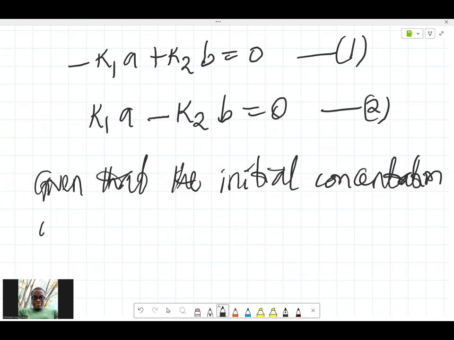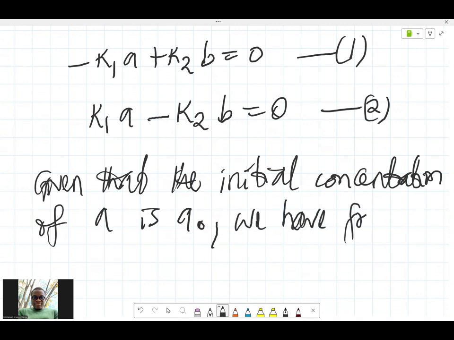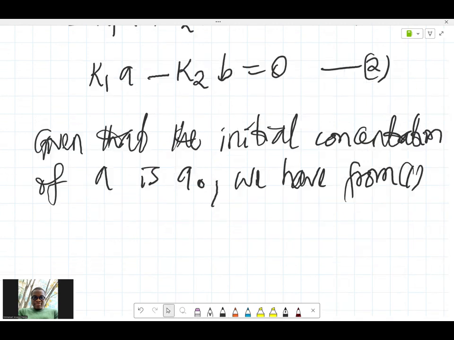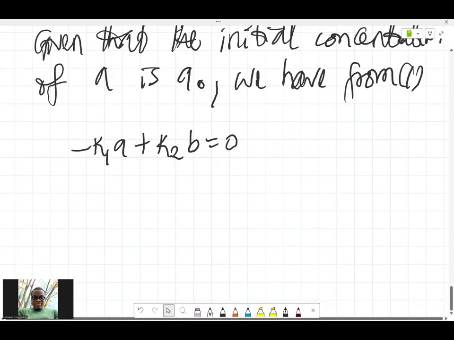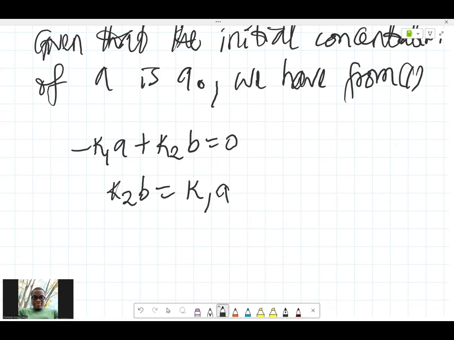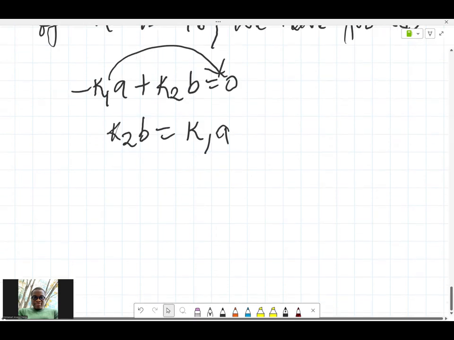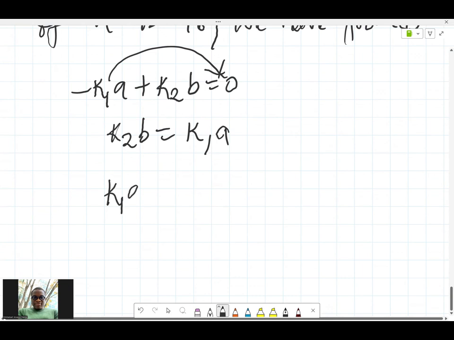Given that the initial concentration of A is A naught, from equation 1, minus K1A plus K2B equals 0. That simply means that K2B equals K1A, and that simply means that K1A is equal to K2B.